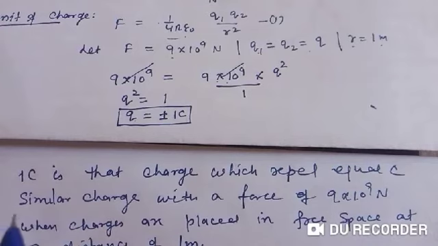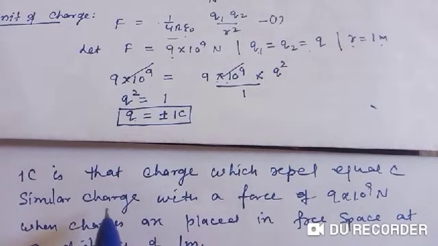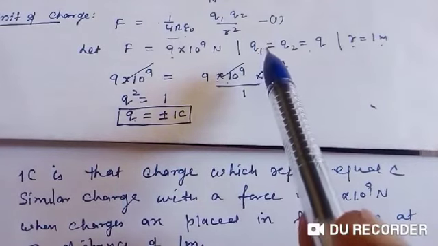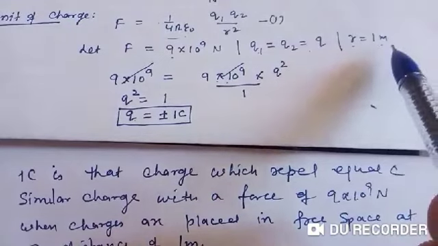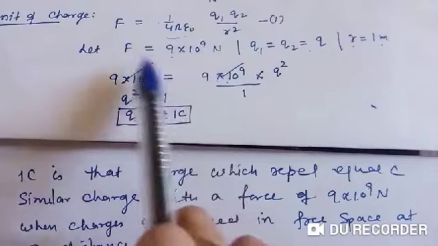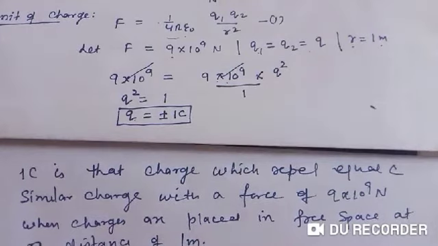Or you can define it in this way: 1 Coulomb is that charge which repels an equal and similar charge. Why equal and similar? Because we have supposed that our charges are equal, at a distance of 1 meter, and the force acting between them is 9 into 10 raised to power 9 Newton. We have supposed all this, right? So 1 Coulomb is that charge which repels an equal and similar charge with a force of 9 into 10 raised to power 9 Newton when the charges are placed in free space at a distance of 1 meter.